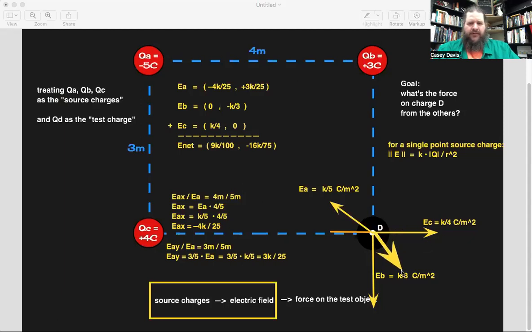So I guess mostly downwards, a little bit to the right. Something like that. So that's the actual electric field at location D. Any questions on that so far?